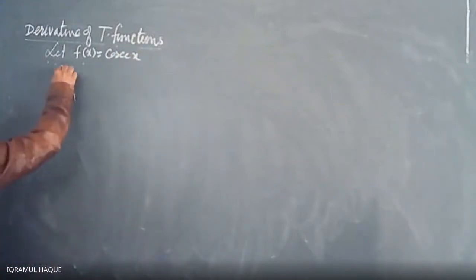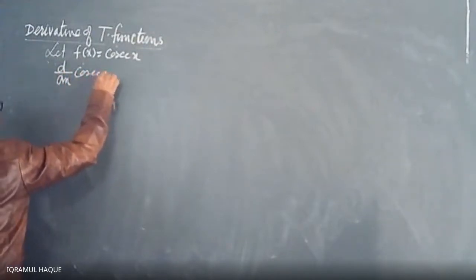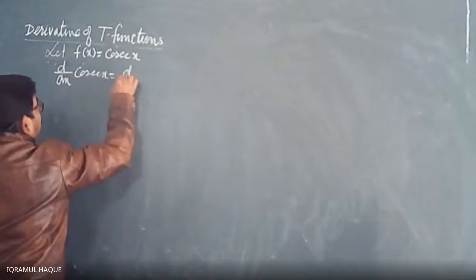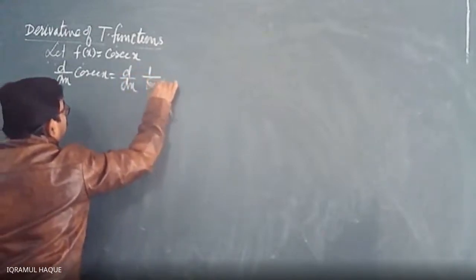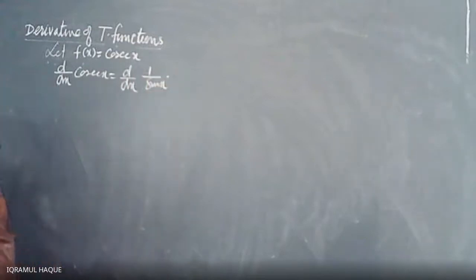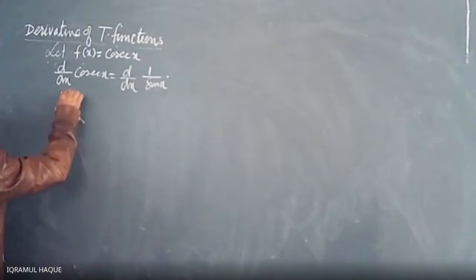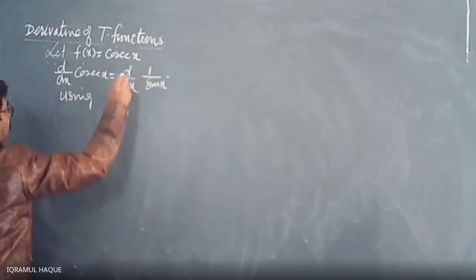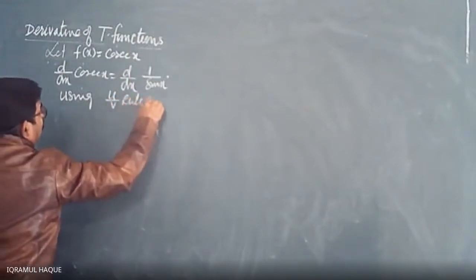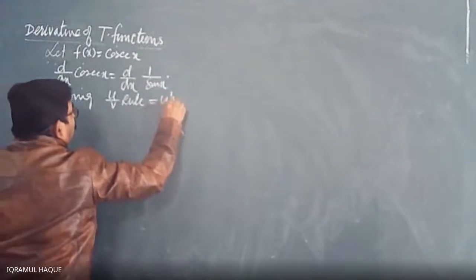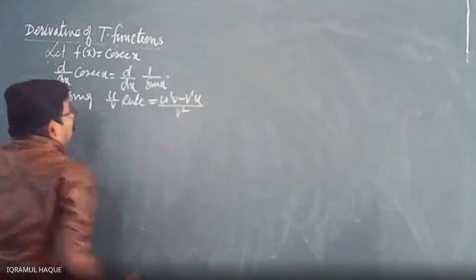So we can write d of dx of cosec x is equal to d of dx of 1 upon sin x. Again, this is a quotient. So using u upon v rule, that is u dash v minus v dash u upon v square.